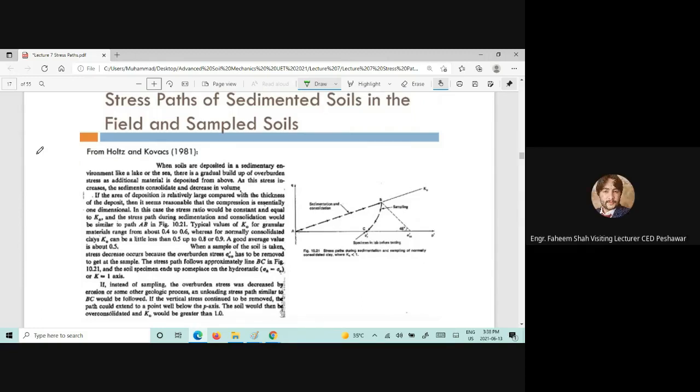Yes, sir. When soils are deposited in a sedimentary environment like a lake or the sea, there is a gradual buildup of overburden stress as additional material is deposited from above. As this stress increases, the sediments consolidate and decrease in volume.